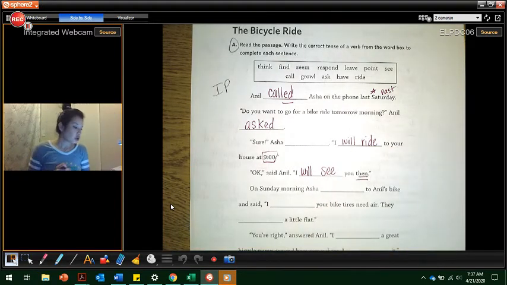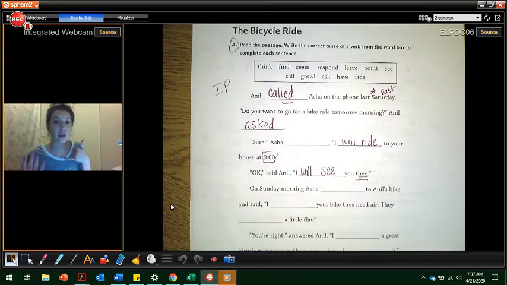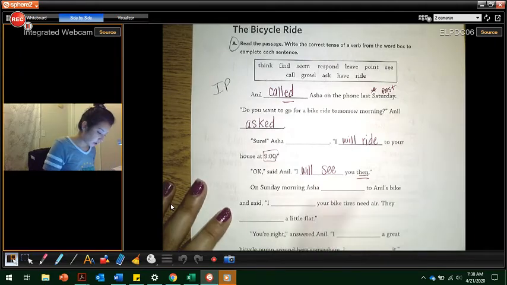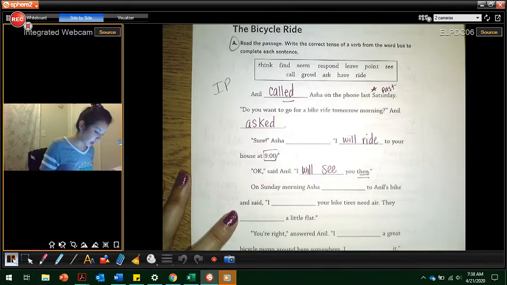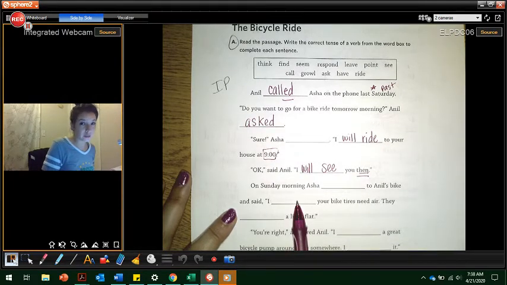Okay? So when you're talking about quotes, they're actually talking on the phone right now. That's happening in the present. She's telling her something that's going to happen in the future. Okay? So when we're talking about quotes, it's not going to be past tense. On Sunday morning, Asha blanked to Anil's bike and said, I blank your bike tires need air. So now it's Sunday morning and she's talking.